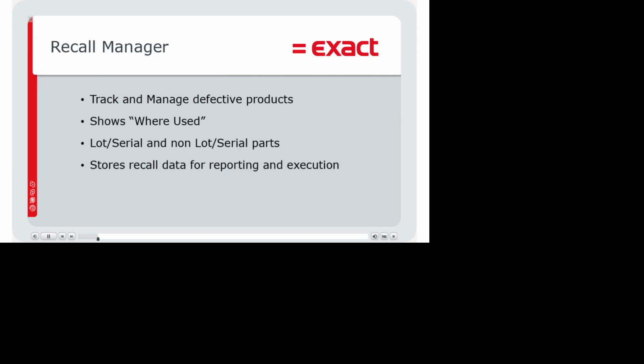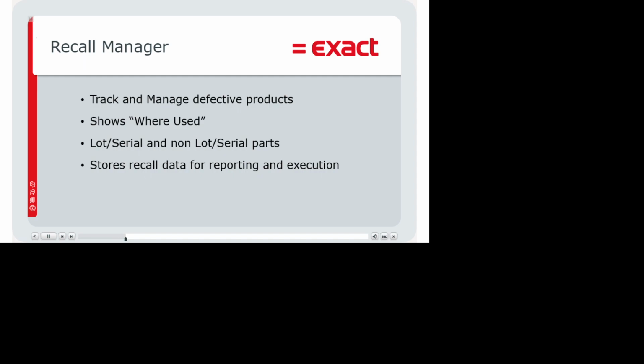The Recall Manager allows customers to track, manage, and execute recalls for defective or damaged products during any stage of the production cycle. Recall Manager is powered by a query engine that performs where used queries on lot and serial tracking information and on transaction history for parts not under lot or serial control to generate all possible designations of recalled parts.